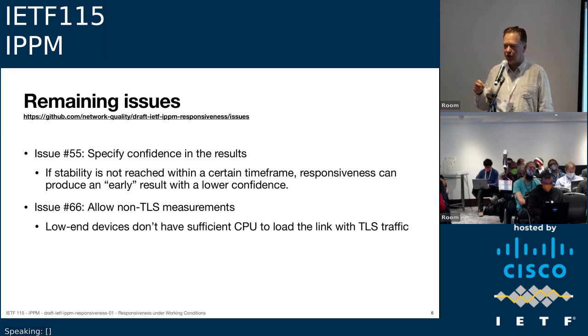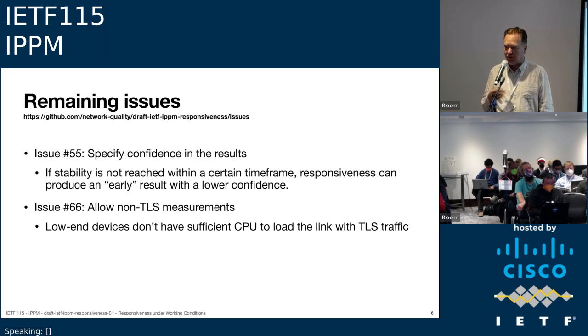A lot of these home gateways, for cost reasons, are not built with more powerful CPUs than they really need to get the job done. And we've had strong feedback from them that doing TLS at a gigabit per second is beyond the capabilities of their hardware. I know my iPhone can do it and my Mac can do it, but a little $50 home gateway box can't.